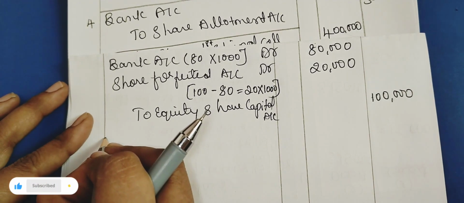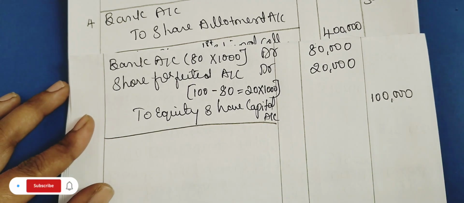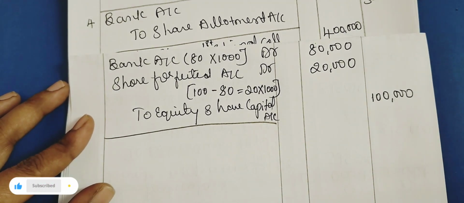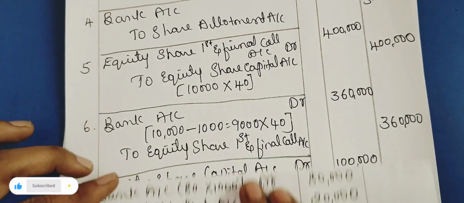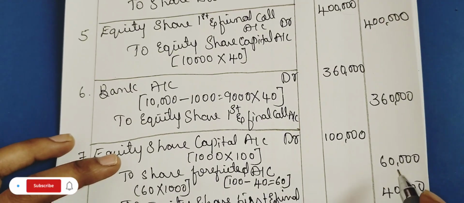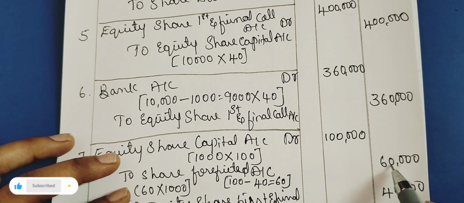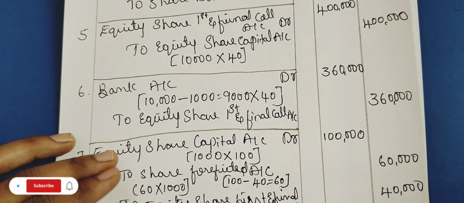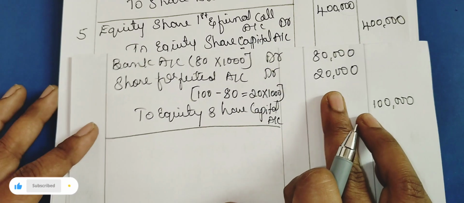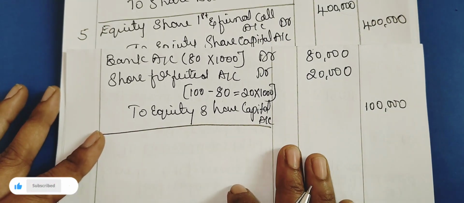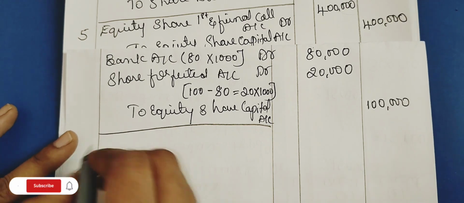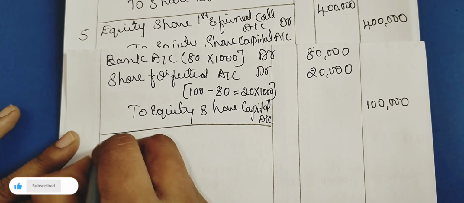Now the remaining balance, whatever there is in the forfeited account, that we need to transfer. So how will we come to know whether the balance is remaining or not? Here you can see how much you have credited in your forfeited account: 60,000. How much you have debited in your forfeited account: 20,000. 60 minus 20, remaining is the surplus 40,000. Transferring to which account?